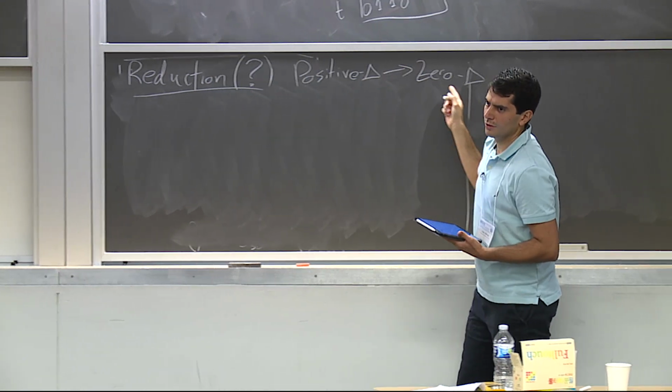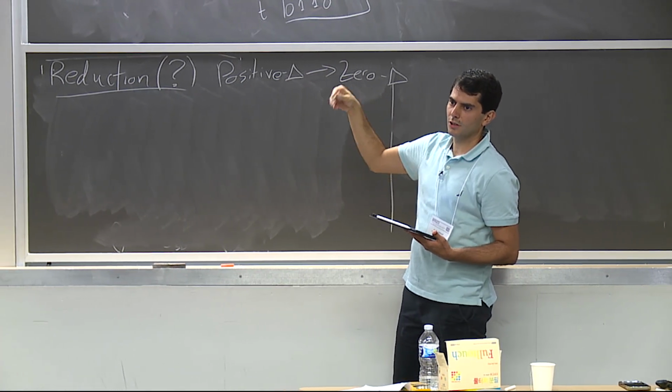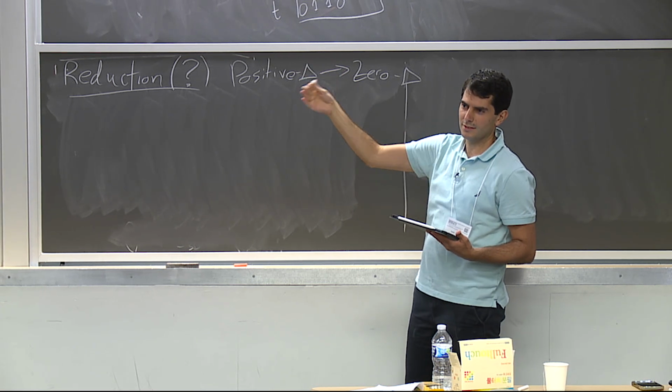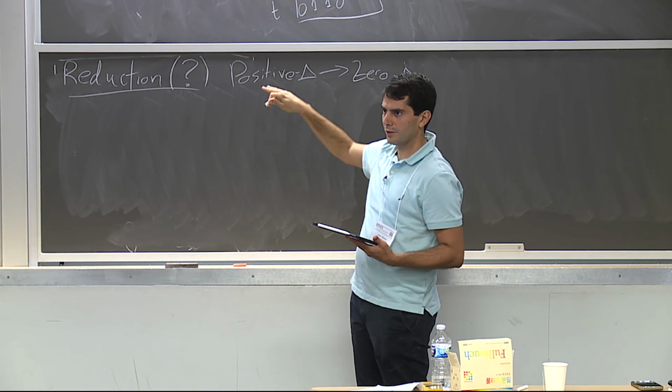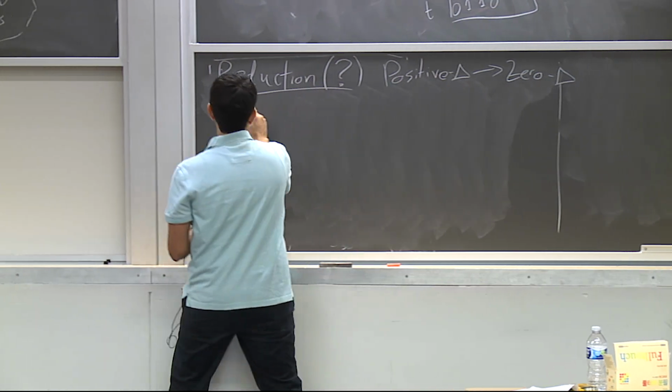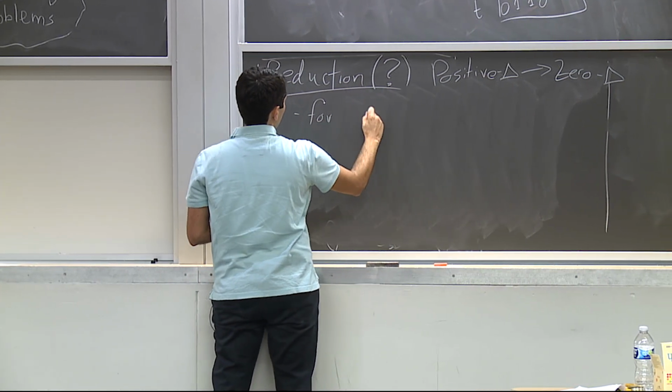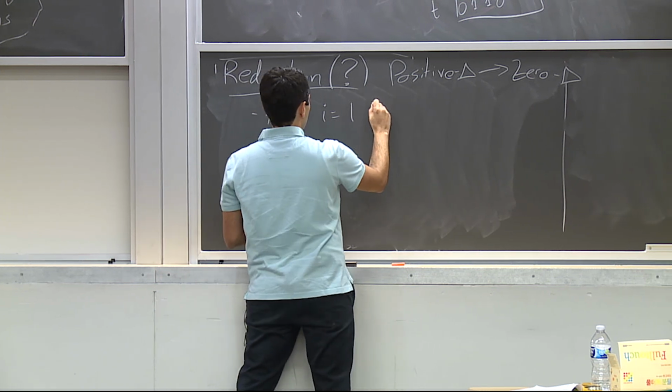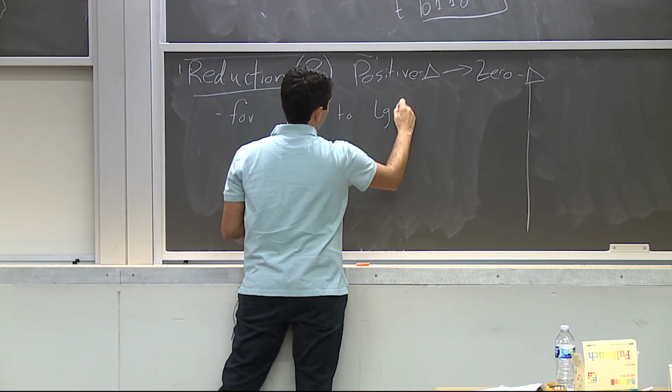So when I say 0, I can say 1. Like, is the triangle equal to 1, not necessarily 0. It's the same thing, right? You just add like a 1 to some of the edges. Okay, so for I from 1 to log u.